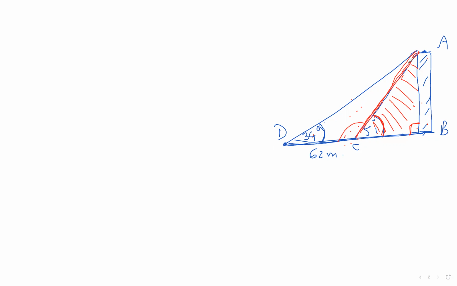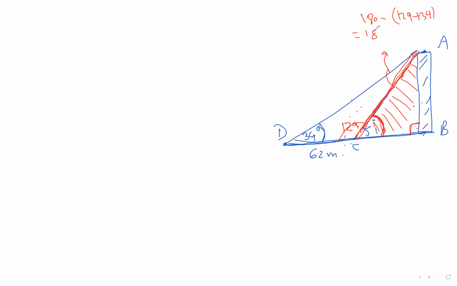The third thing, try to find the side between the two triangles, which is this side. How can we find this side? You have this angle is 51. So by subtracting from 180, this angle will be 129. So this angle will be 180 minus 129 plus 34.